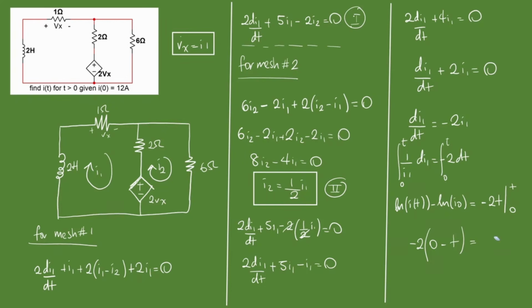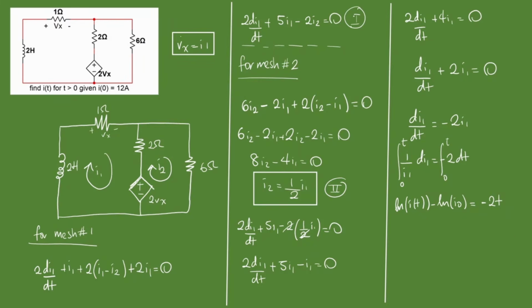To simplify the definite integral, this is the final term, this is the initial term. Simplifying this first as minus 2t, and subtracting minus 2 times 0. So this goes away, I end up with minus 2t. So this all simplifies to minus 2t at the end of the day with the definite integral.